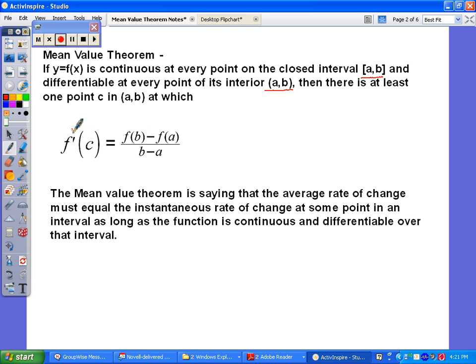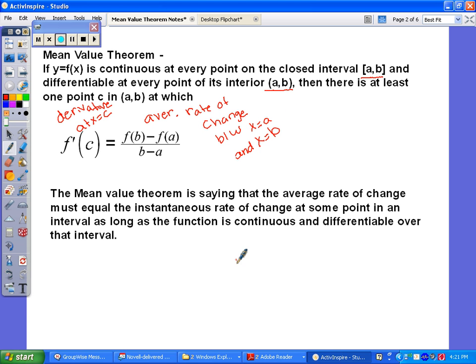Now remember, f prime of c means the derivative at x equals c, and f of b minus f of a all divided by b minus a means the average rate of change between x equals a and x equals b.